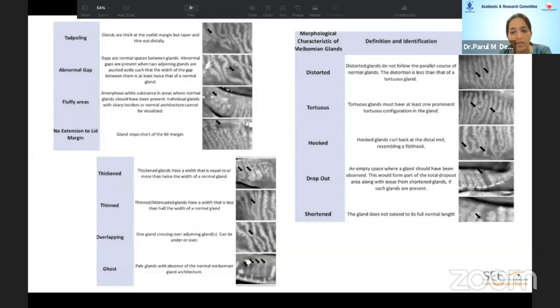There may be shortening of the glands, there may be tadpoling, or when there are increased areas of loss, you can see abnormal gaps. One can even see the glands to be thickened. So if you see the acinar structure to be very prominent, then these are thickened glands, or one can see even a thin gland. So when you see the less intense, thinned-down glands on the meibography, it is a thin gland.